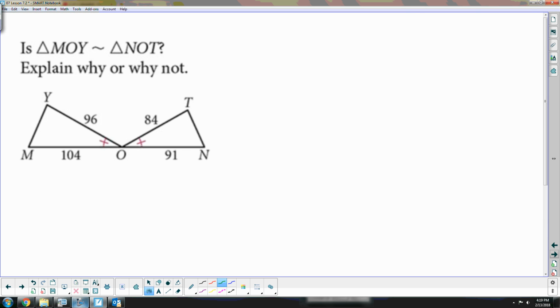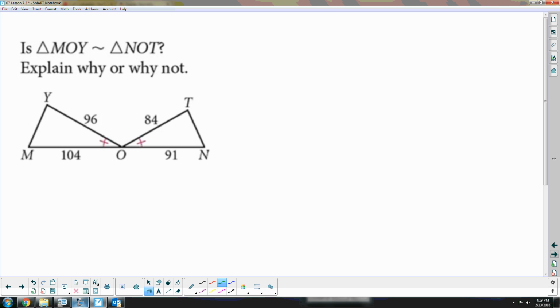So let's look at this problem. Is triangle MOY similar to triangle NOTY, and why or why not? Well, let's look at our options. We can either show that two angles are congruent, we can show that three sides are proportional, or we can show that the included angle is congruent and two sides are proportional.